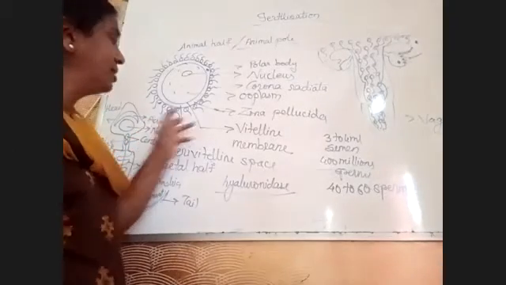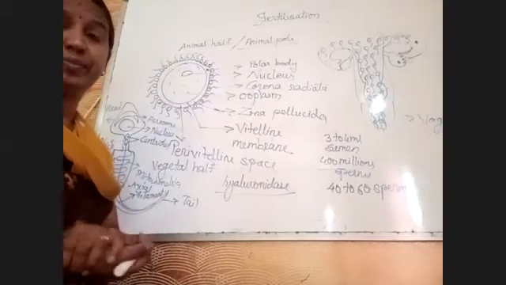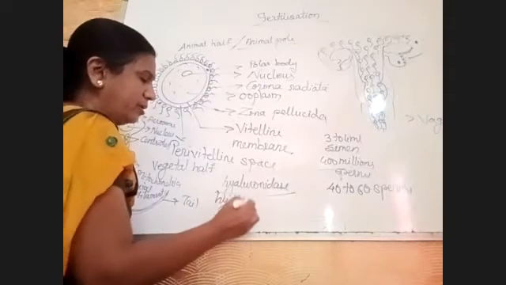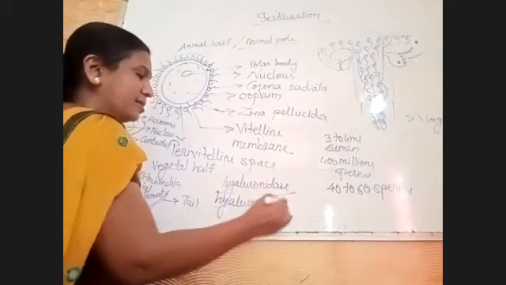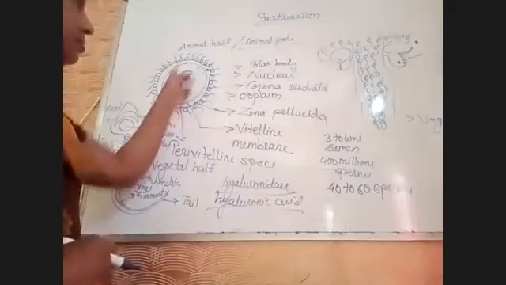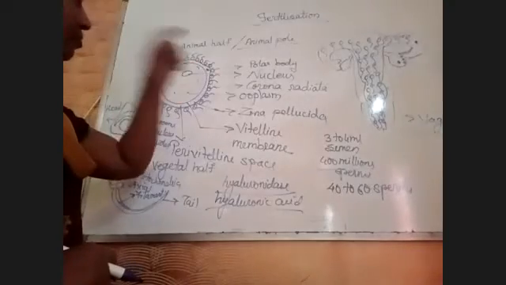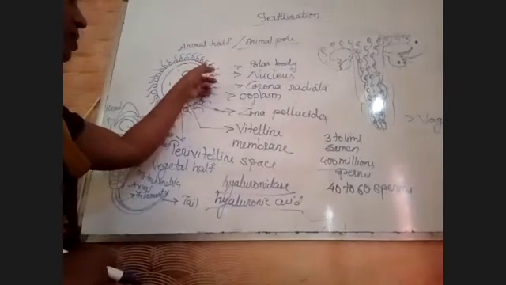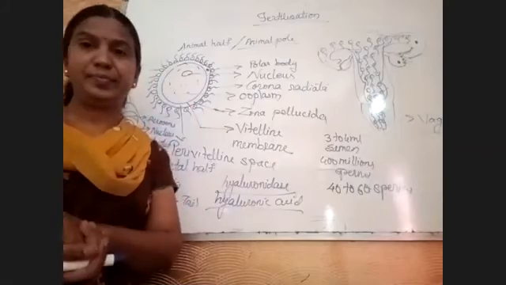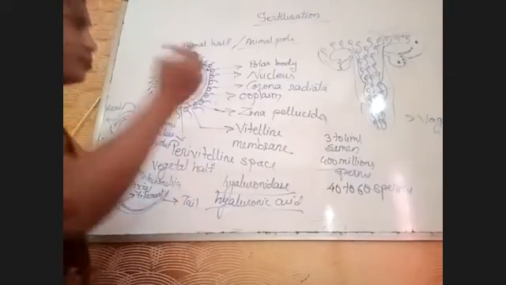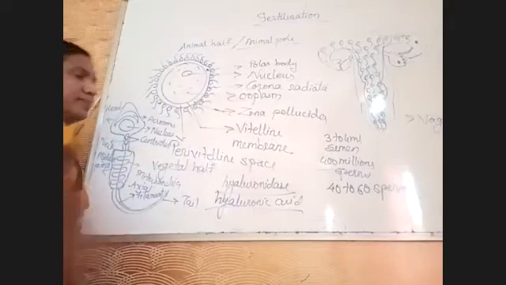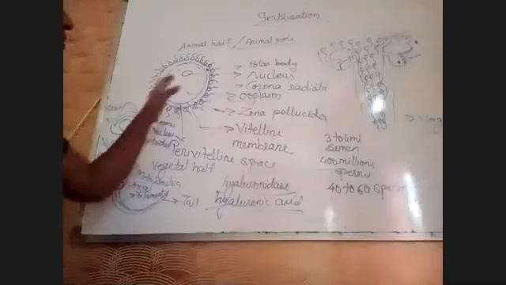Because of it, the corona radiata will secrete hyaluronic acid, and due to this hyaluronic acid, the zona pellucida and vitelline membrane will get penetrated, and the sperm will enter into the ooplasm of the ovum.